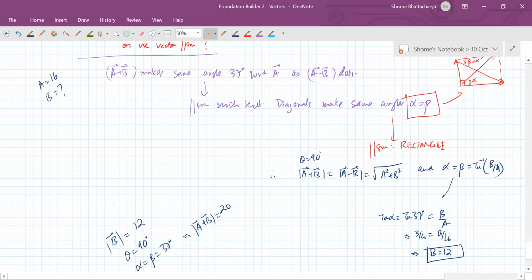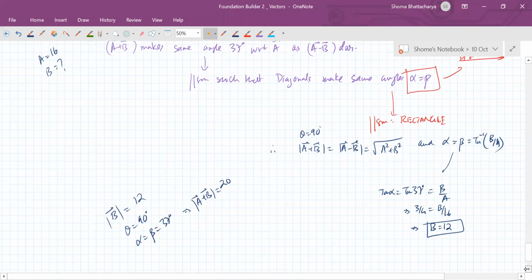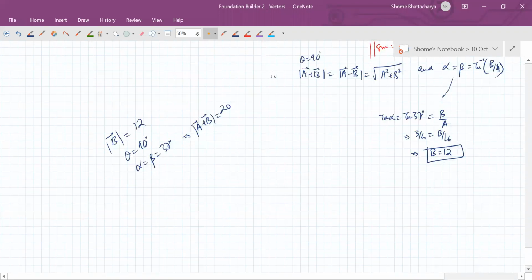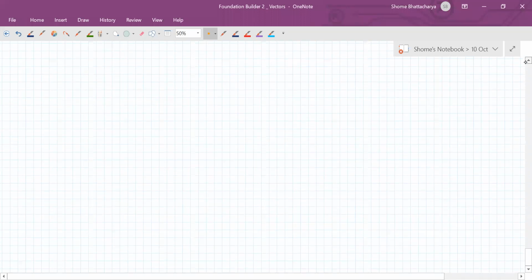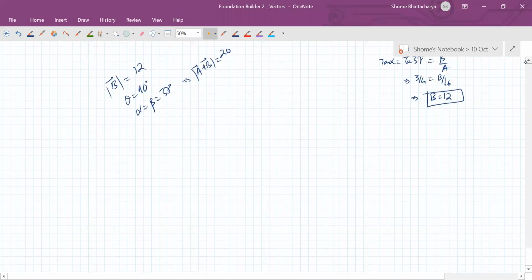So again you can see the question is very easily solved, whereas I will demonstrate to you, it will take many more steps if we are doing it by component algebra. Or we can even use the formula of triangle law. So have you understood this method?